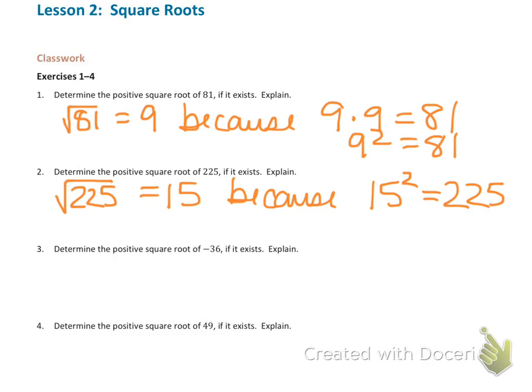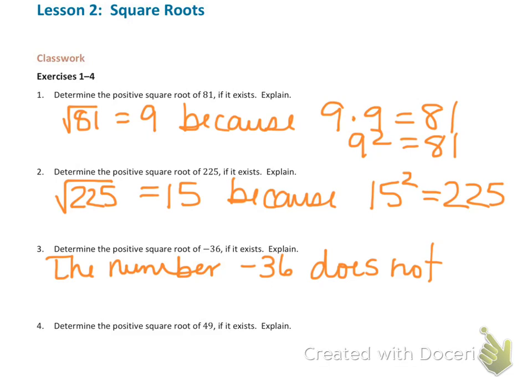Okay, determine the positive square root of negative 36 if it exists. And I could say it doesn't exist. The number negative 36 does not have a square root.